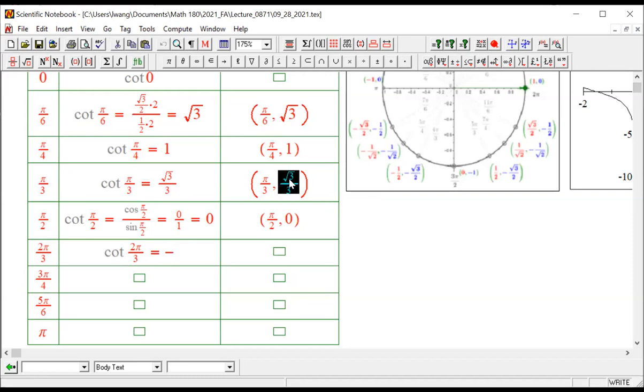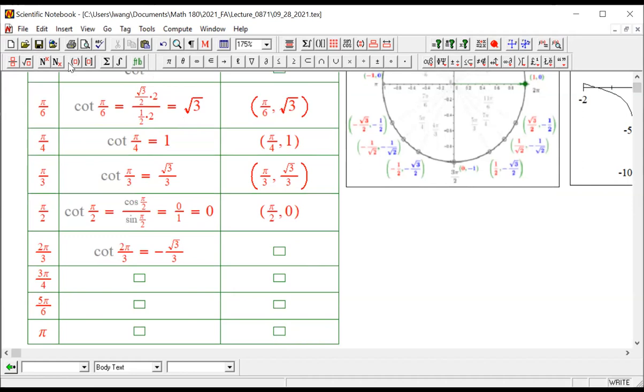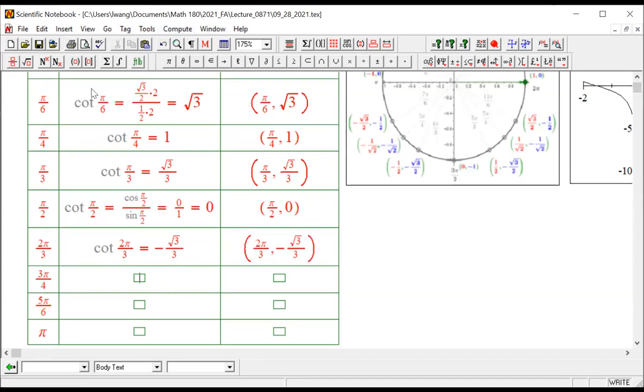So you're going to get -√3/3, and you get these points, right? So 2 pi over 3 is the arc length on the unit circle, and -√3/3. You see, that's how Rome is built, bit by bit.